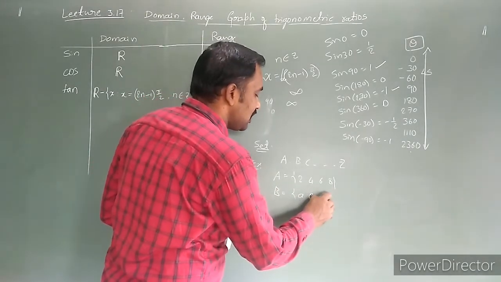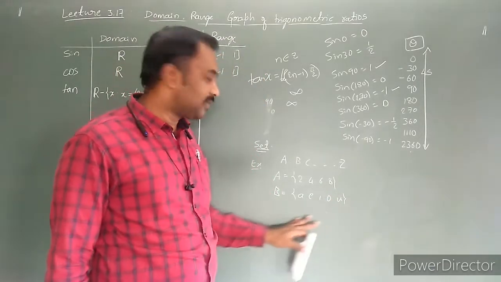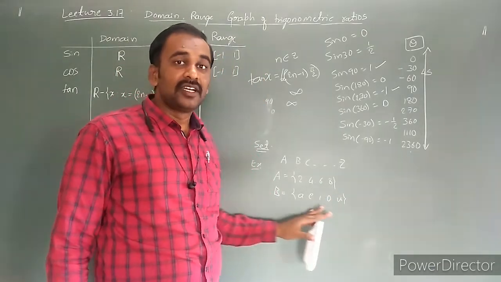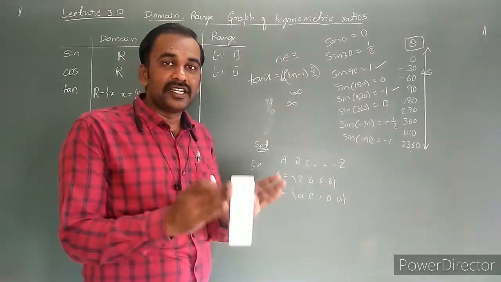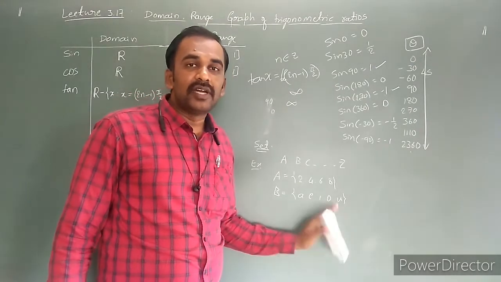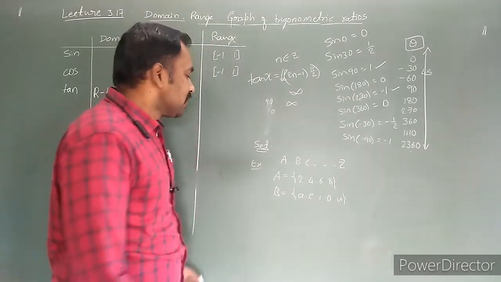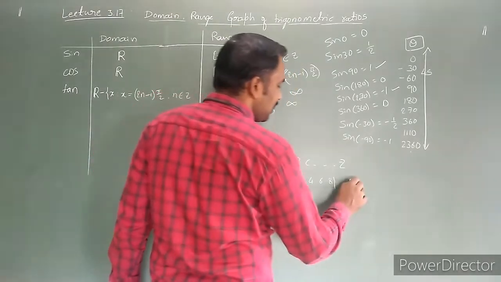A, E, I, O, U. There is a particular property, a collection of well-defined objects. Similarly, here I consider two sets, A and B.